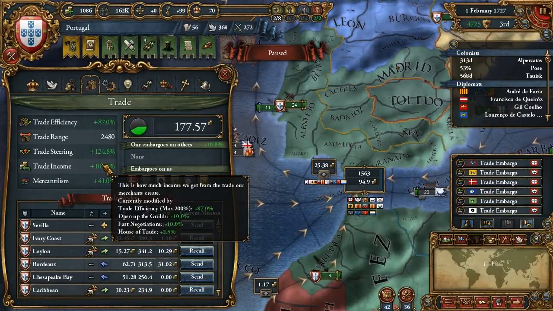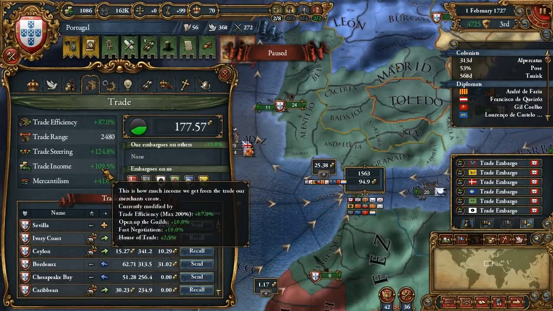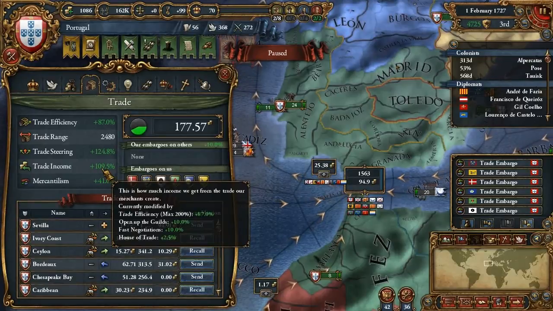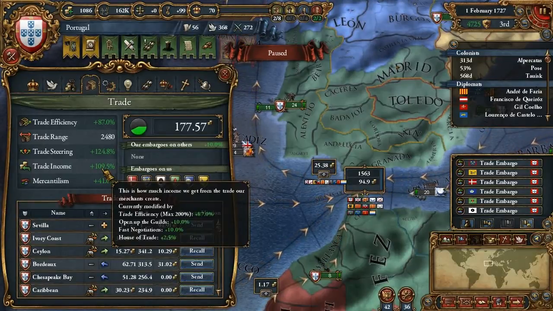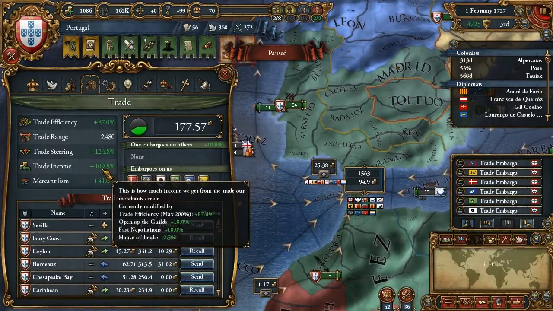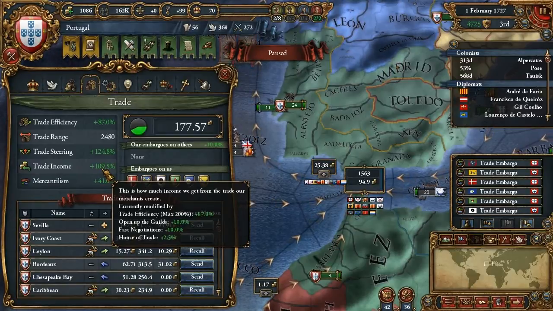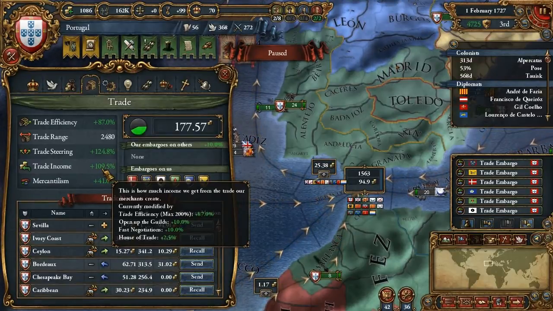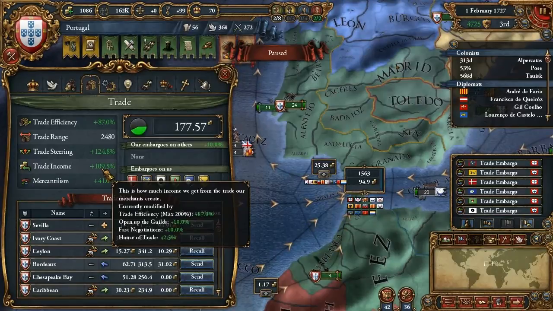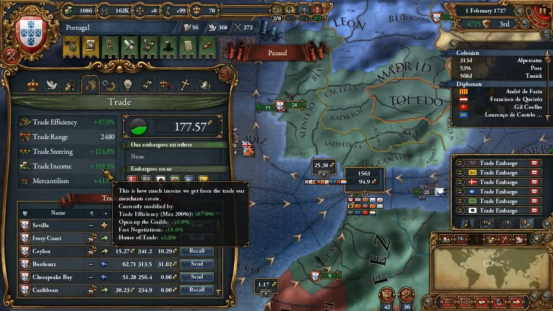and sometimes national ideas. Now trade income is a modifier, so it takes a base income, uses trade efficiency plus national decisions and events to calculate how much extra money you'll be making.